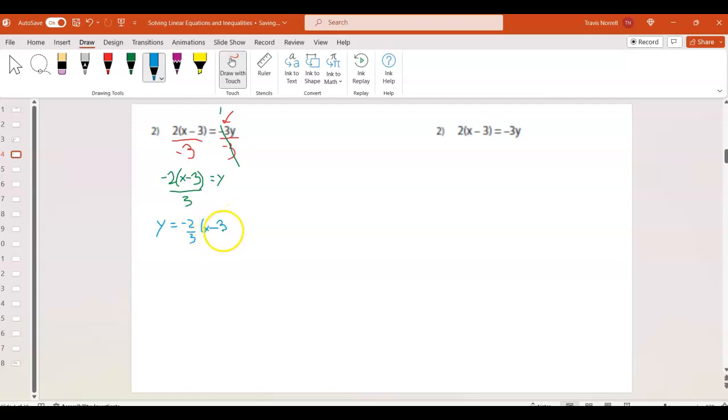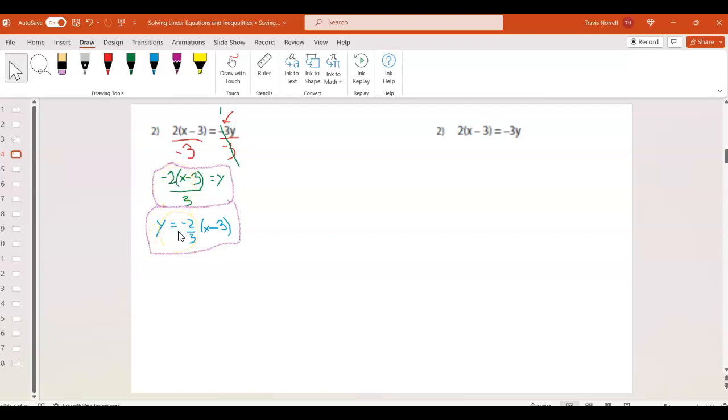That's another way that you could write your answer. You could put it in fraction form. Either one of these answers would be considered correct. And again, this answer here would be considered equivalent. It would give you the exact same value as either one of these.